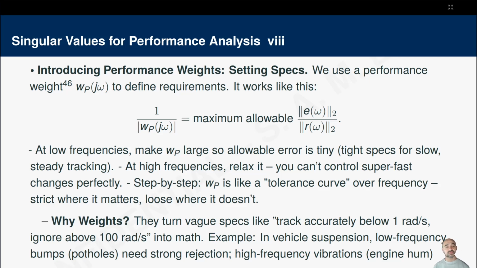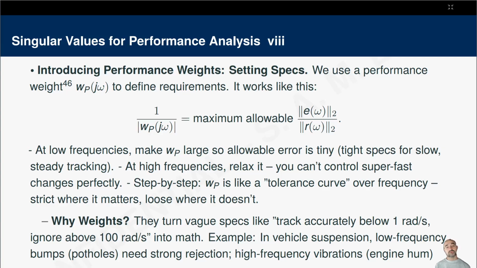At low frequencies, we make WP large, so the allowable error is tiny. This means tight specifications for slow and steady tracking. At high frequencies, we relax it.